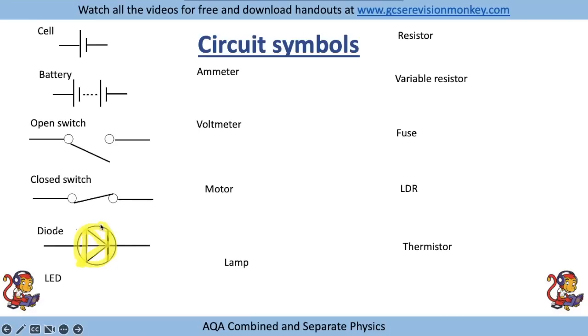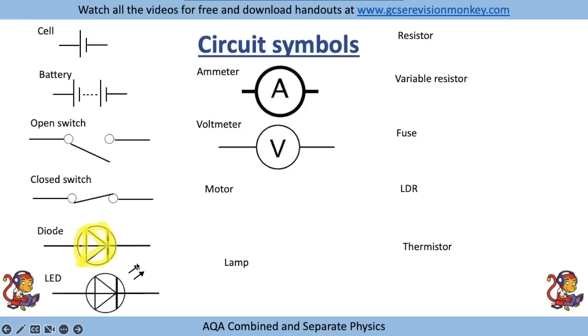And then LED stands for light emitting diode, so that is the diode again, but with arrows to show that light is given off. Then you've got the ammeter, the voltmeter, and I've just put motor in, not because you'd necessarily be asked to recall it, but just because you might see it amongst a circuit in an exam question. That is a motor.